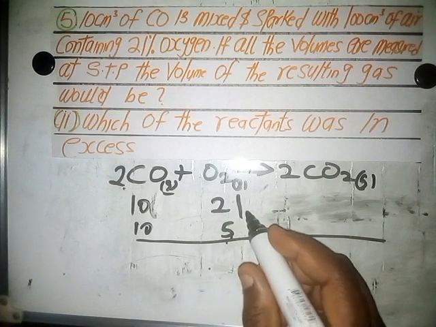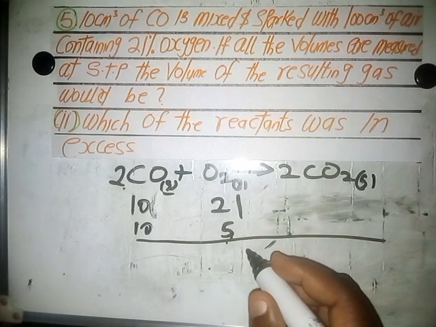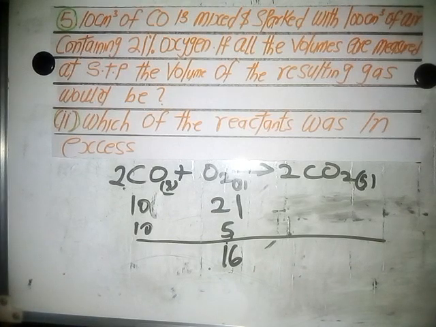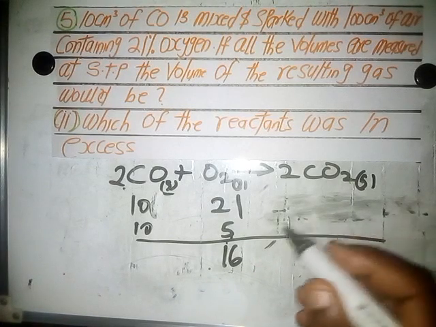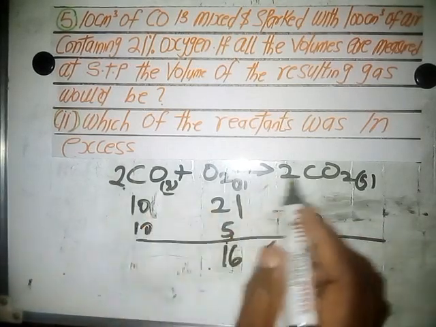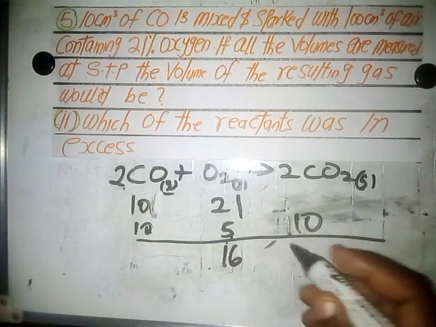Then 21 minus 5 is 16. Then here will also be 10, because the molar ratio between here and here is the same.